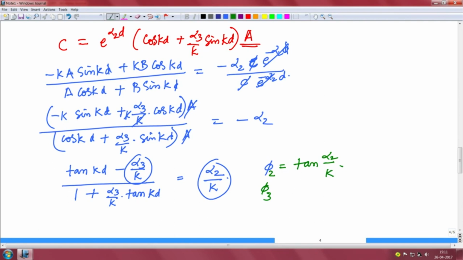Okay, let me put it in the form of tan inverse, so that, okay, I will redo.